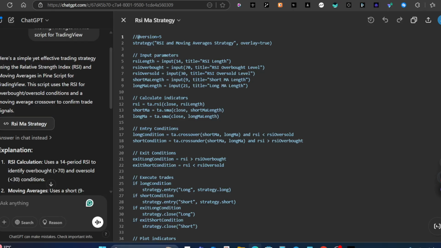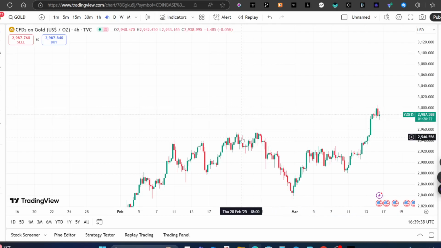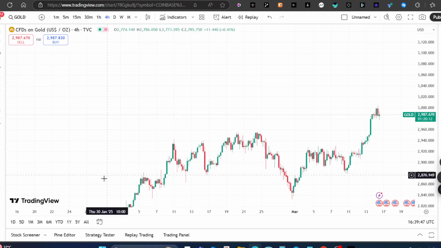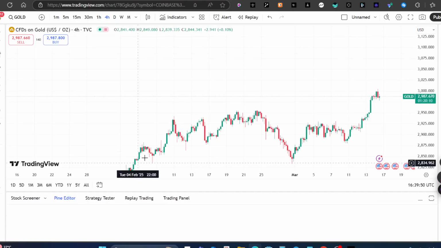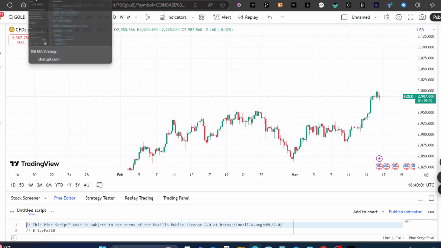Let us paste it into TradingView's Pine editor and hit add to chart. Okay, let me go to the Pine editor. So this is if you want to use an automated strategy on TradingView.